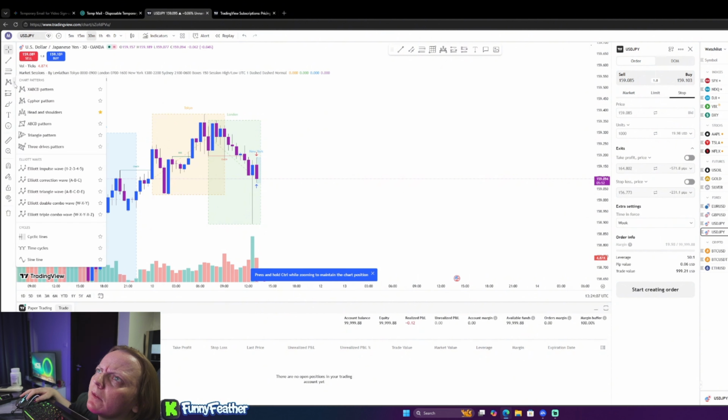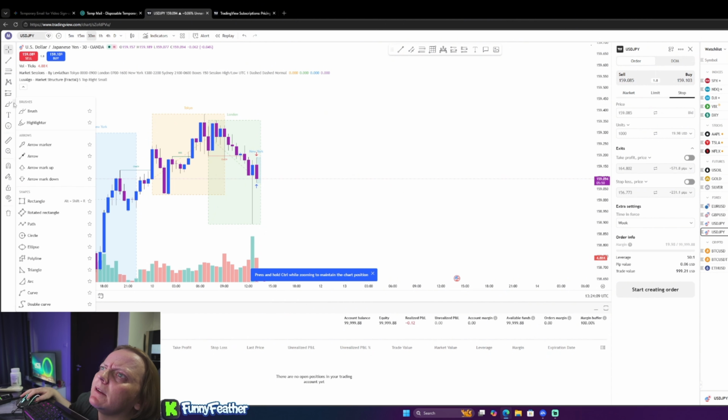Now, where is it? Oh, it's in here. These are the other ones I forgot. Sometimes rectangle, and you can have a circle and a highlighter or a brush. Those are extra ones that you can have added. As I said, you can add what you feel you need.